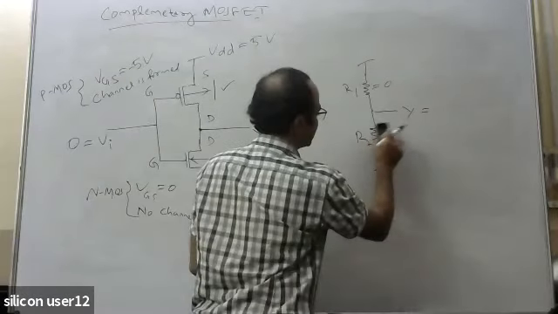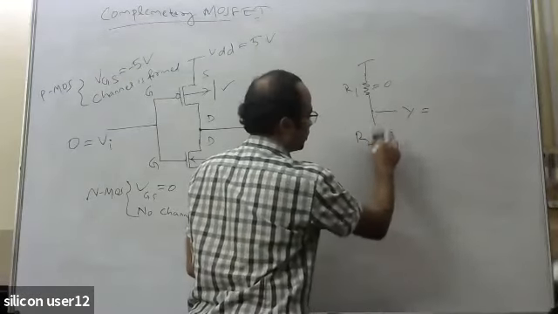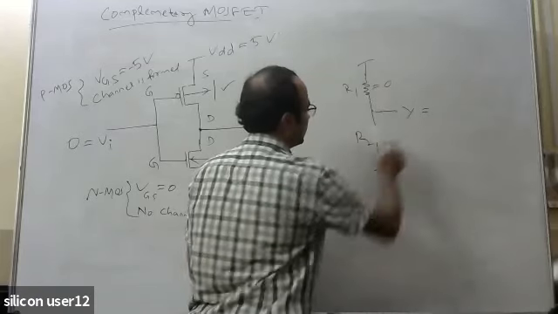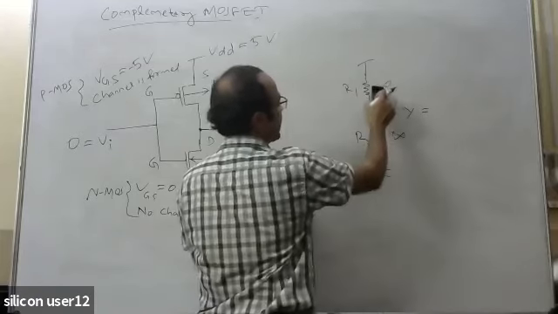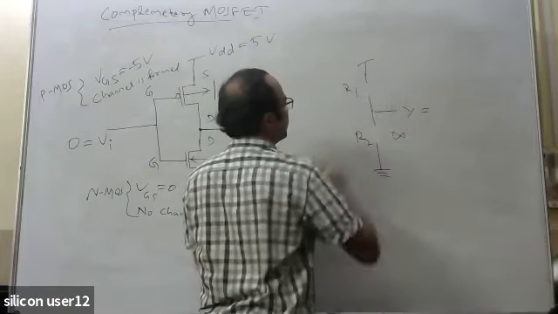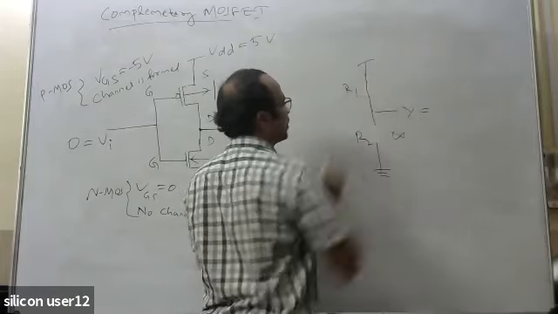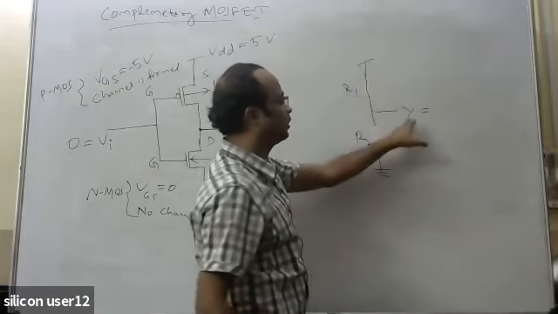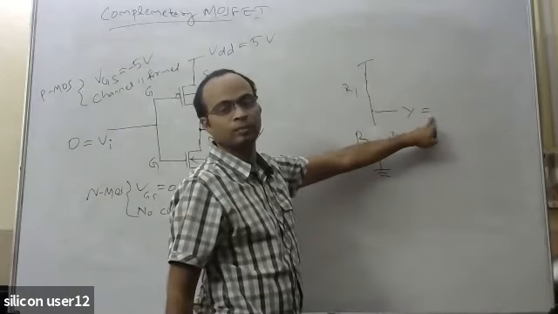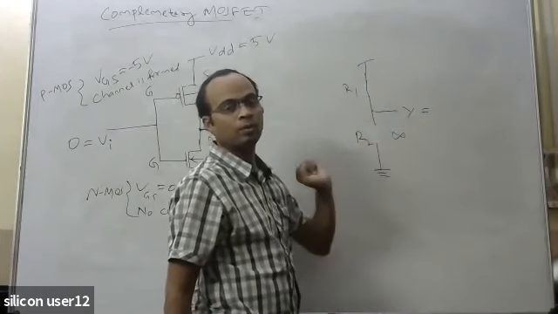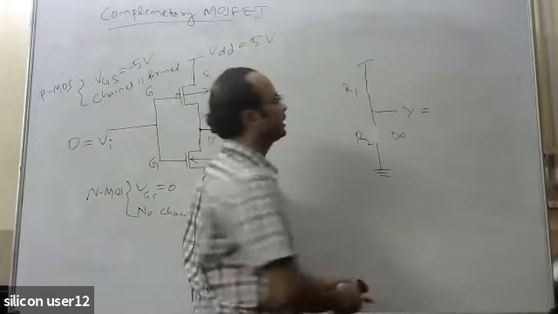If this is like this, I can say this is open because R2 is infinite and R1 is 0, that means it is shorted. So if this is the circuit condition, my output will be VDD. Yes, it is VDD.